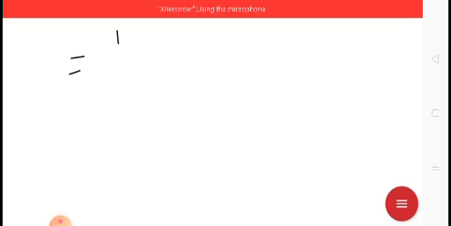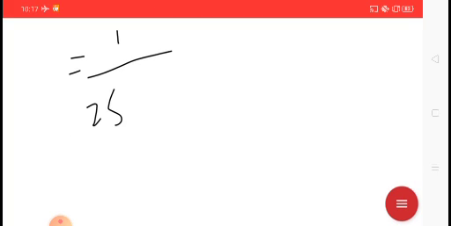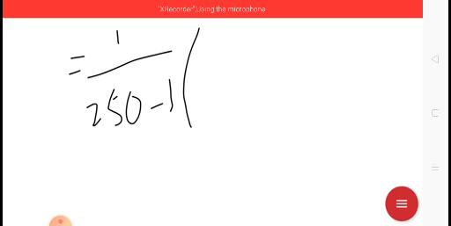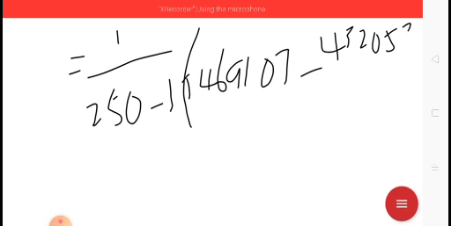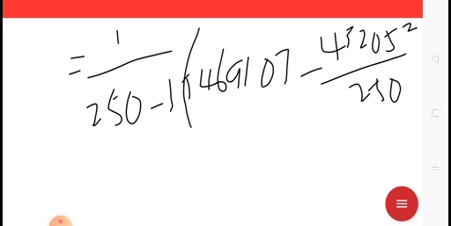It is equal to 1 over 250 minus 1, times 7469107 minus 43205 squared over 250. So you proceed and calculate.